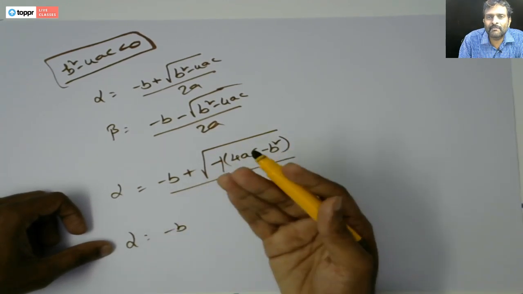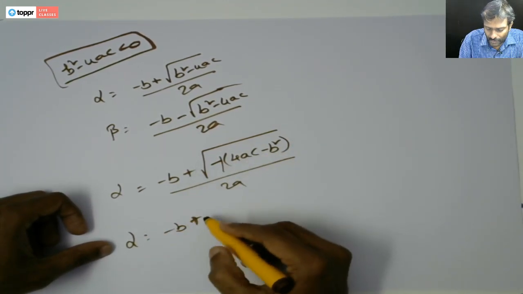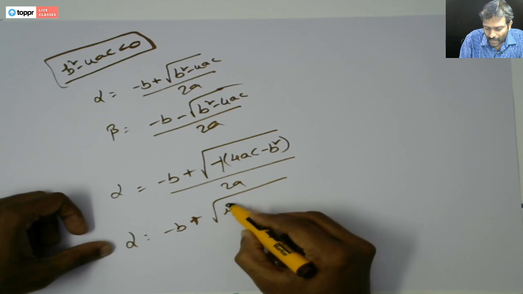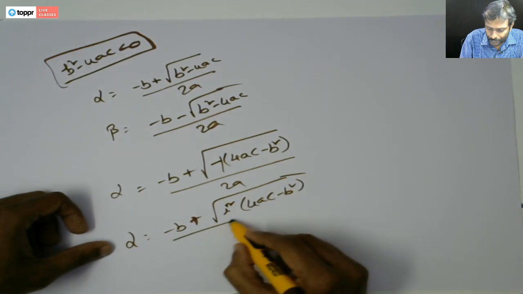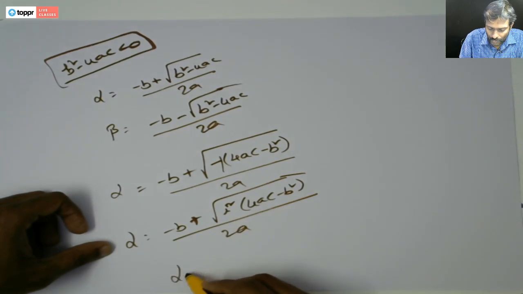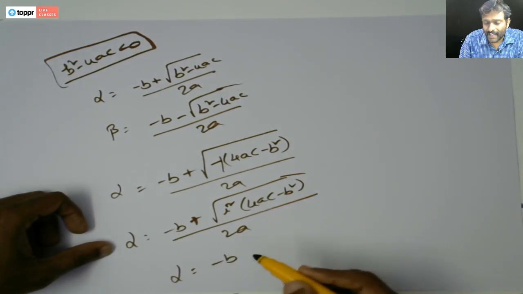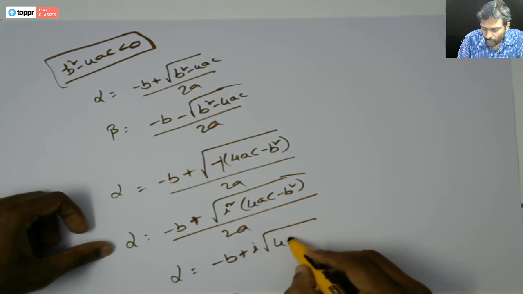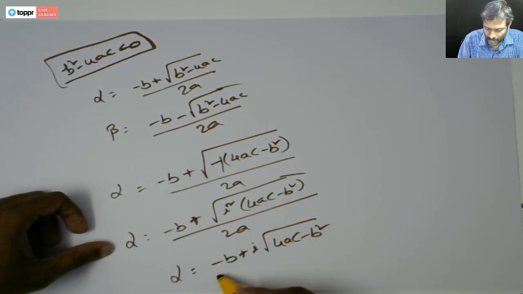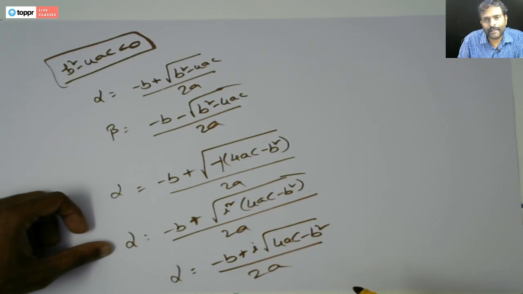So minus 1 is nothing but i square, right? So for you, I'll write one more step, like this becomes i square times 4ac minus b square by 2a. So alpha is equal to minus b. I bring this i square out of the root, then it becomes i root 4ac minus b square by 2a.